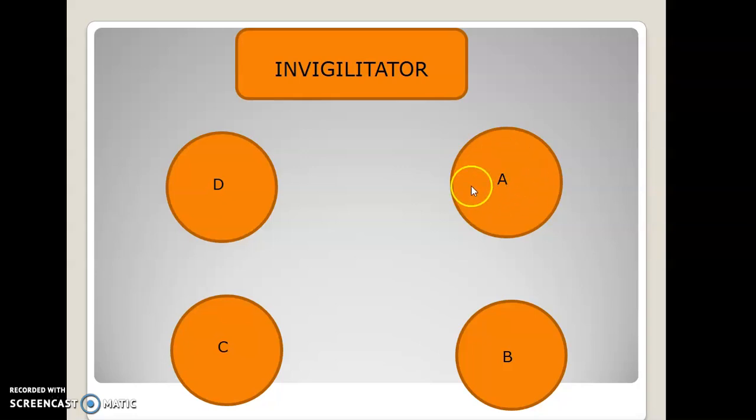You will be given labels, candidate A, B, C, and D. You will be sitting facing each other, and there will be one invigilator sitting over here. Remember, the invigilator is not part of the group and would not contribute to the group discussion. Therefore, while doing the discussion, please discuss among the group members only.